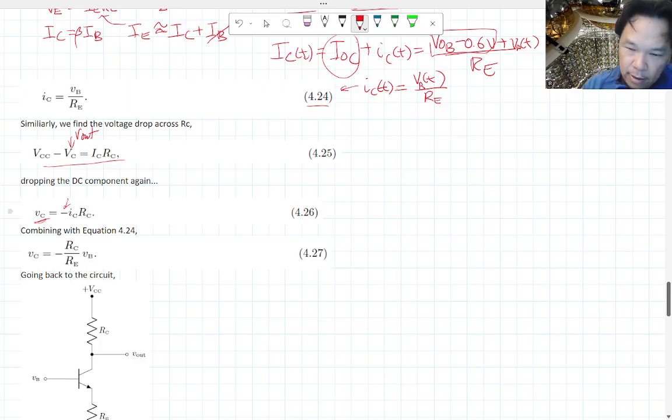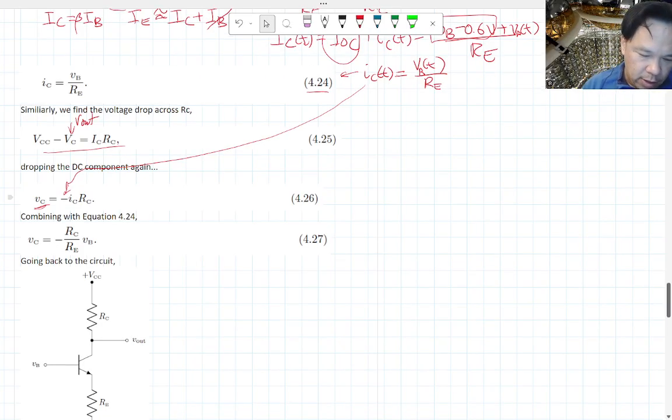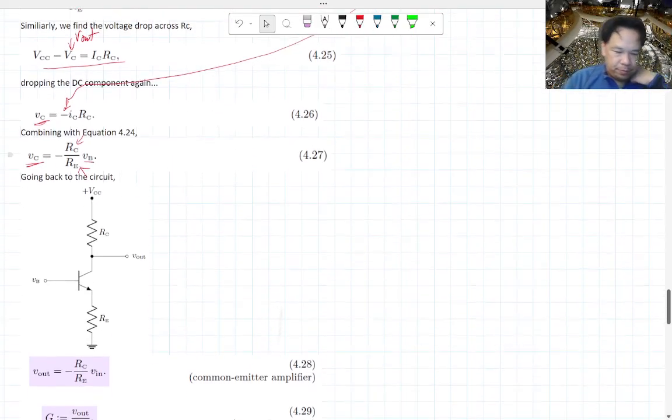If we substitute in IC from here, the collector voltage is proportional to the base voltage on the AC portion times RC over RE with a negative sign in front of it.